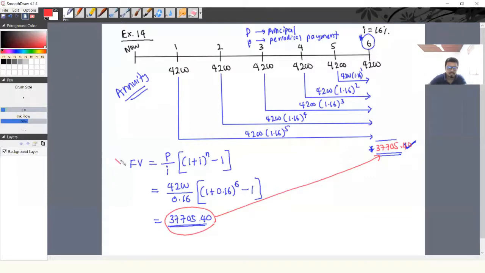That is the benefit of using the annuity formula. The same figure we find with a lot of effort here, we can get using this formula. If we have identified it as an annuity, in order to find the future value, we can use this formula: P over I into 1 plus I to the power n minus 1, the future value of an annuity.